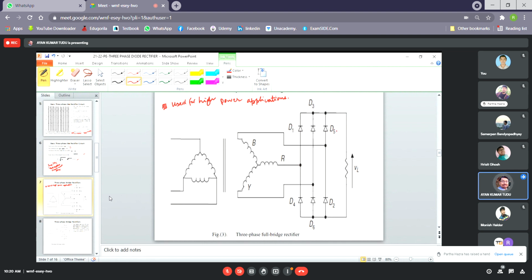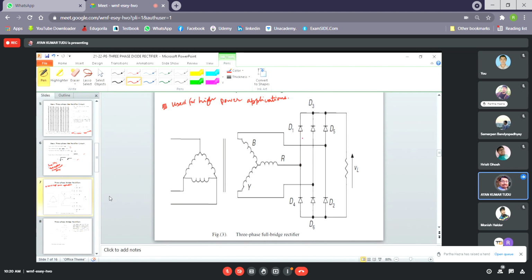The diode that is conducting will have its anode connected to the phase voltage that is highest at that instant.